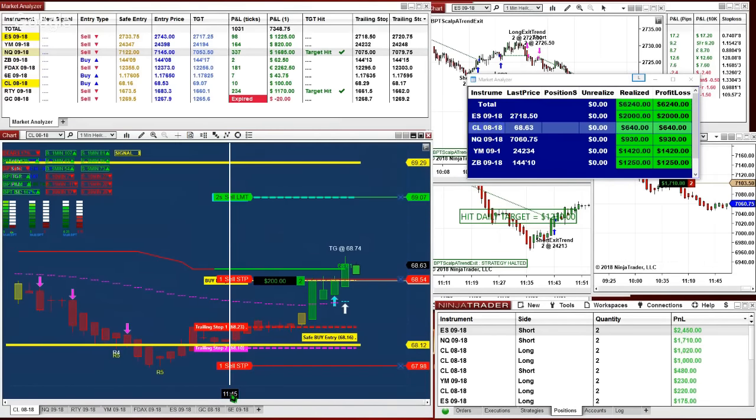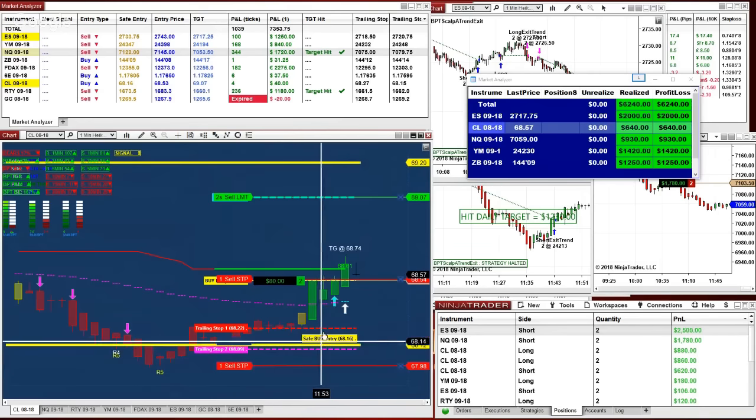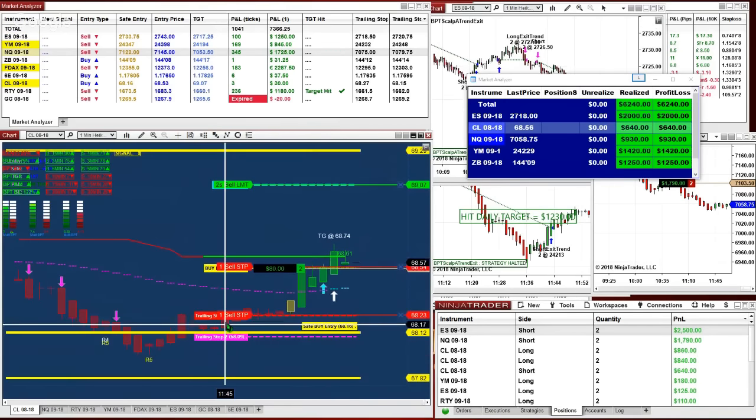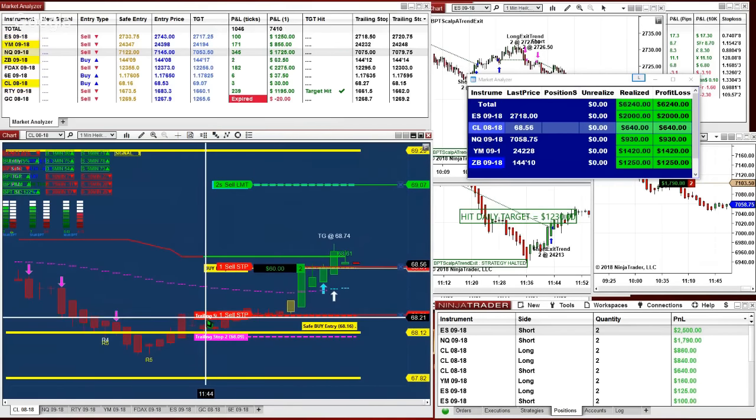So it is a very, very flexible system to use, and at the same time, I can now move it to the first trailing stop or the second trailing stop.